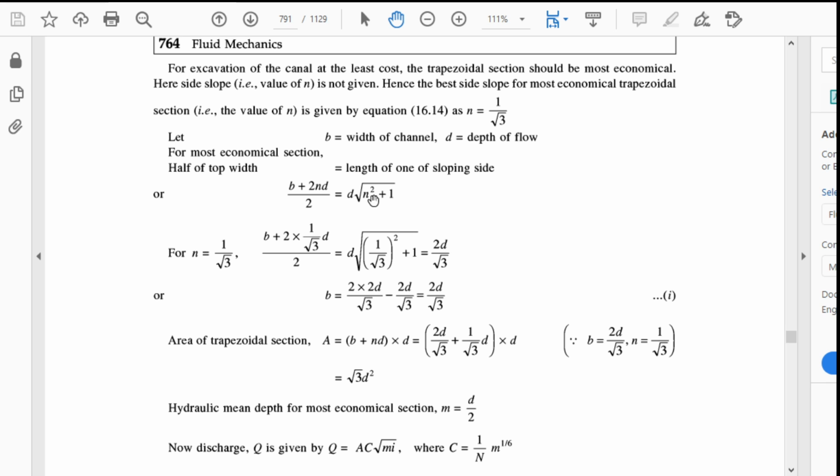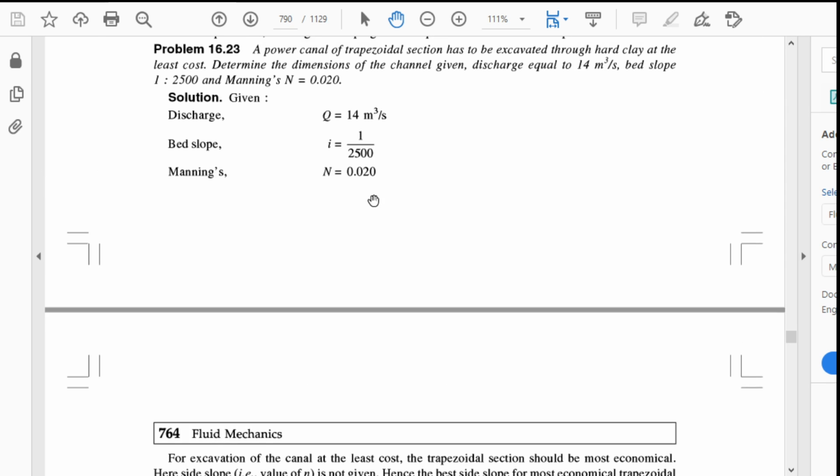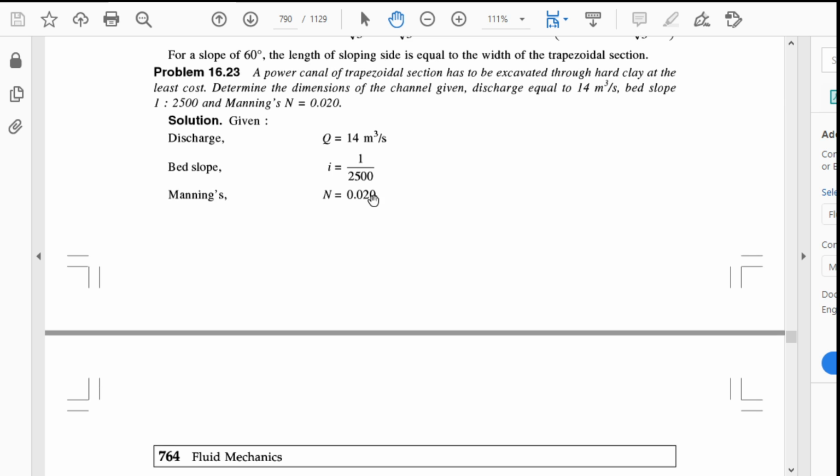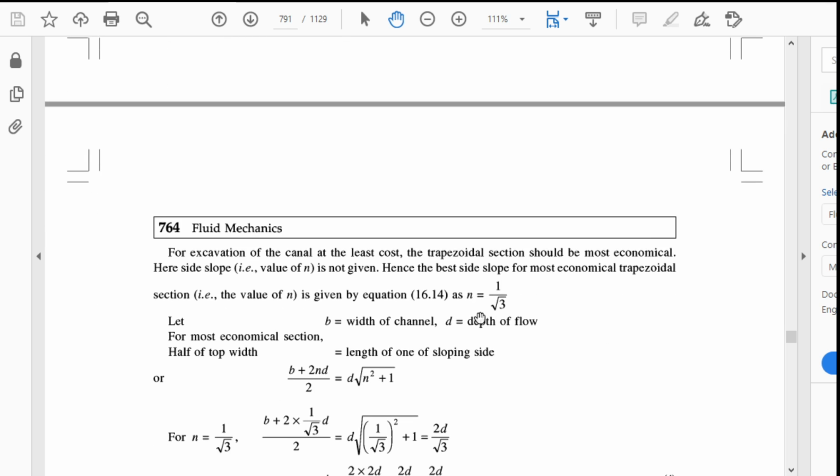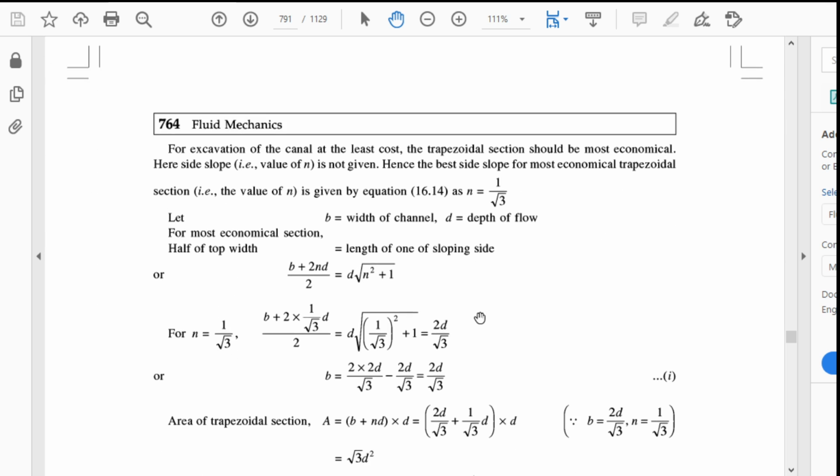As you can see in this example, they did not give any side slope. They only give the bed slope value, and they mention that this channel is to be excavated at the least cost. So we can assume that this channel section is to be the most economical one.